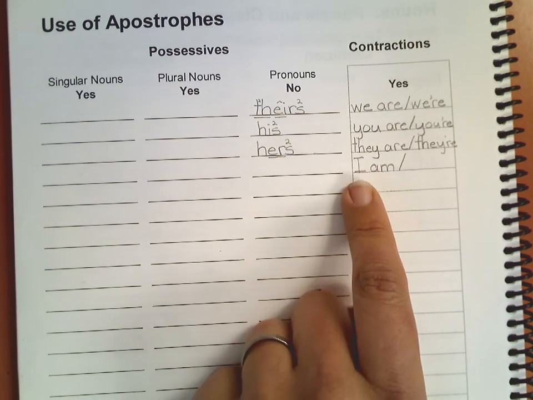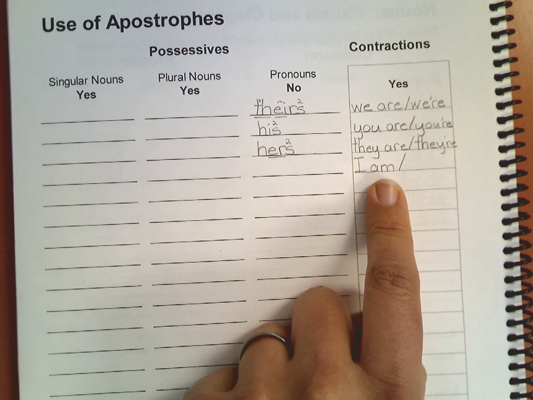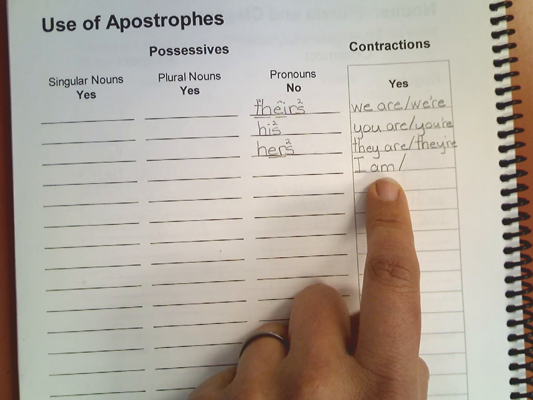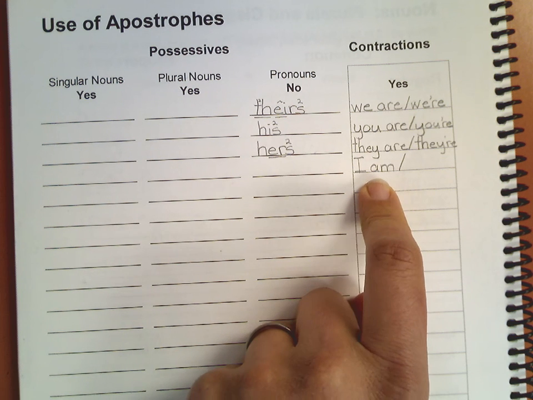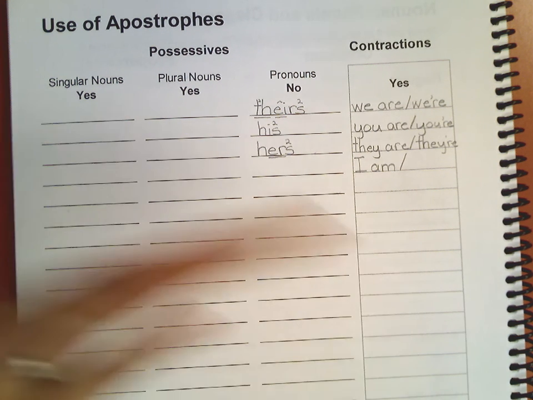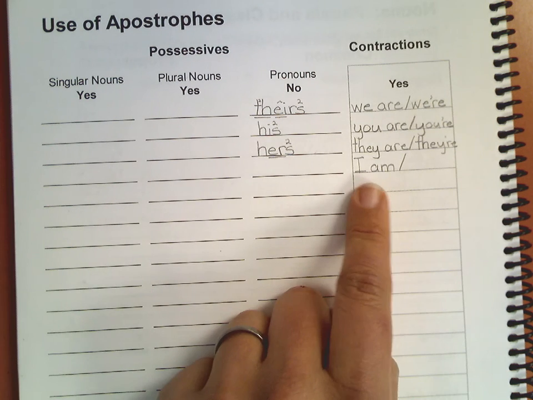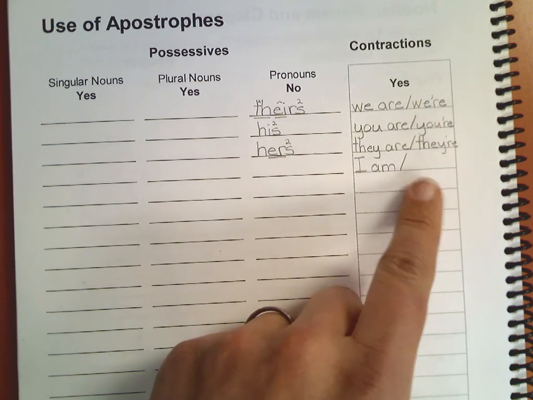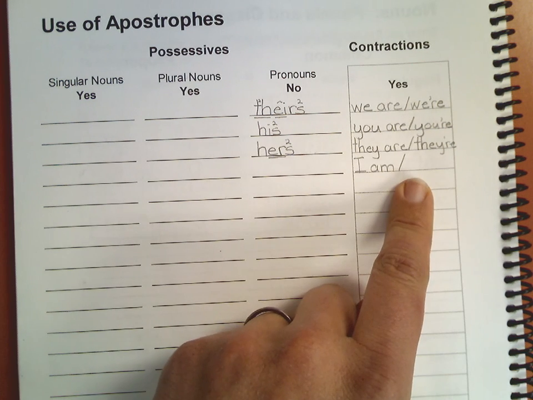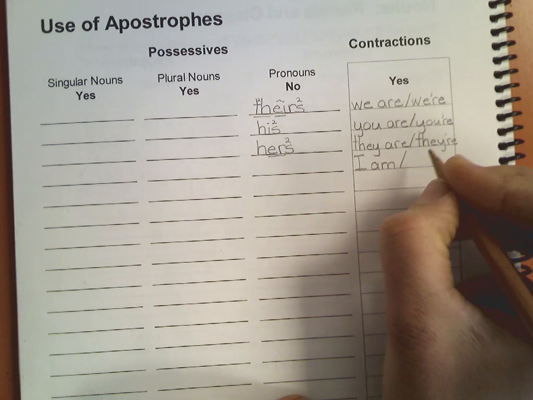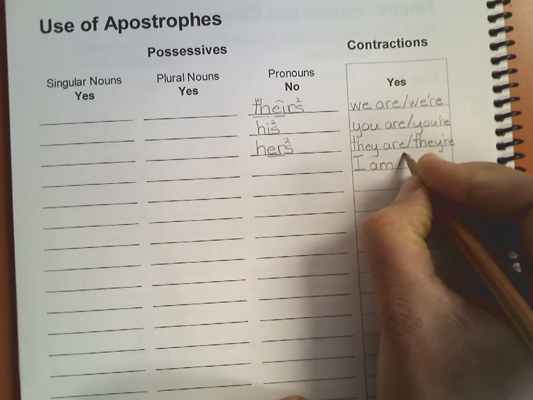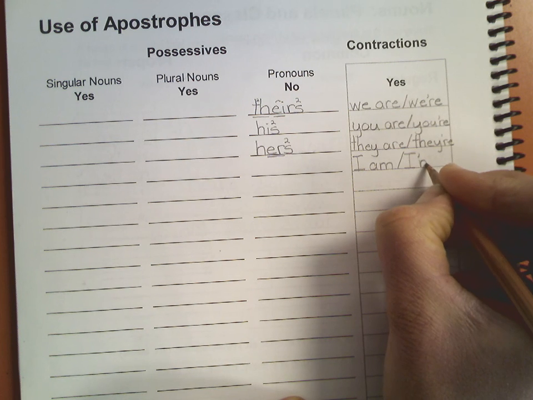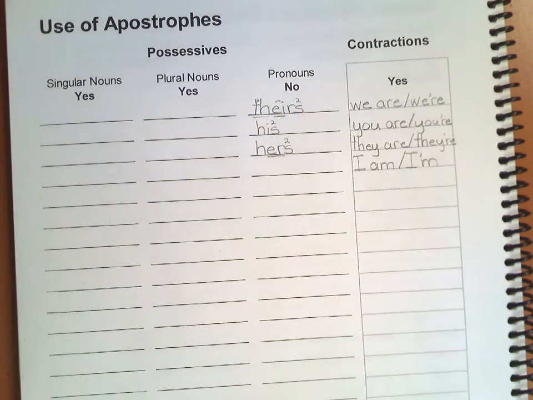Class, what's the contraction of I am? Good, it's I'm. So what do we take out and replace with the apostrophe? Good, it's the A, but it's the sound in I am. Okay, so it still gets a capital letter. But instead of our A, we have an apostrophe, and it's all one word, no clock spaces.